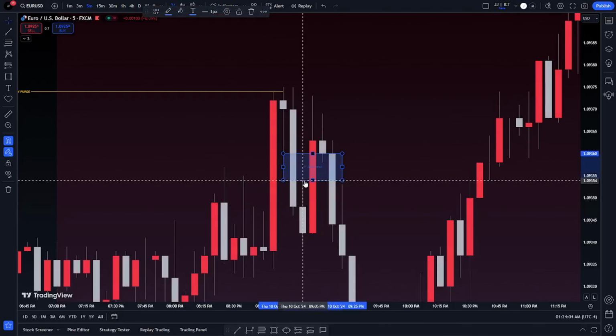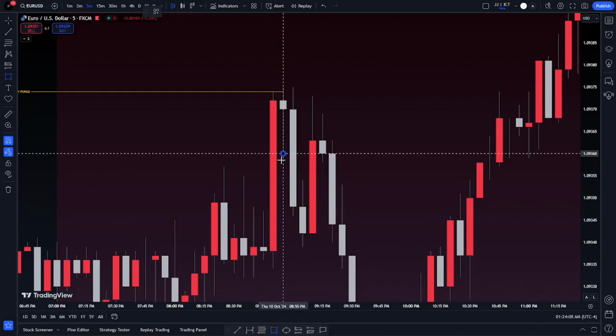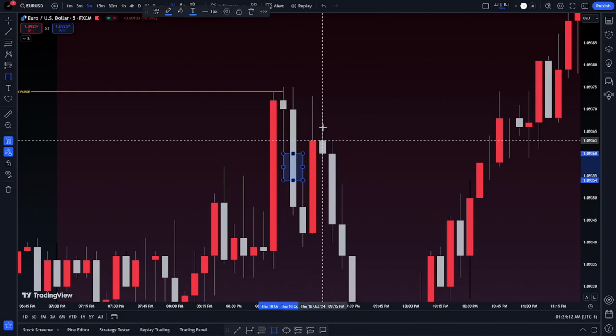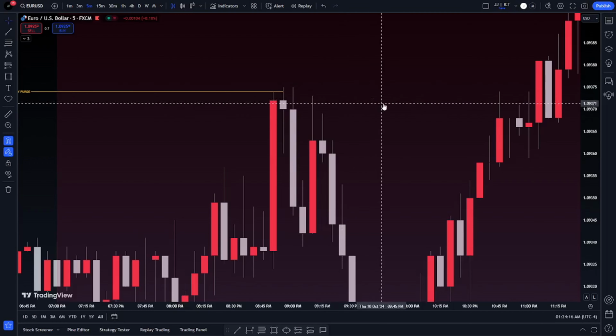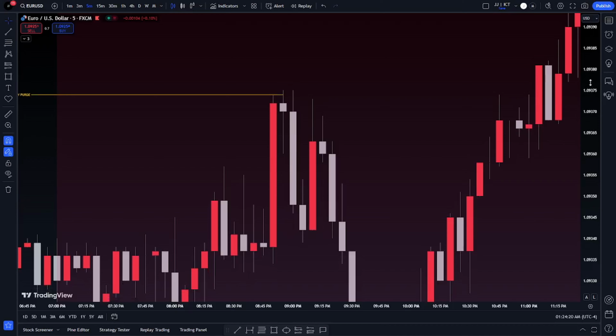For a bearish candle, it's the low of the first candle and then the high of the third candle. If you are taking a trade off of a fair value gap and you expect the fair value gap to be respected, you would place your stop at either the high of the second candle or the high of the first candle, since it's a bearish fair value gap.